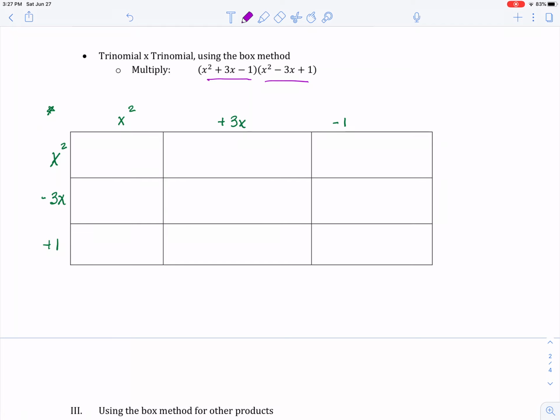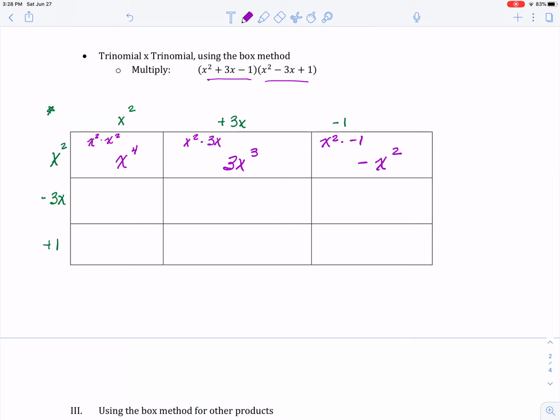So remember, I'm doing x to the second times x to the second, which gives me x to the fourth. Then I'm doing x to the second times +3x, which gives me +3x to the third. And then I'm doing x to the second times -1, which gives me -x squared.